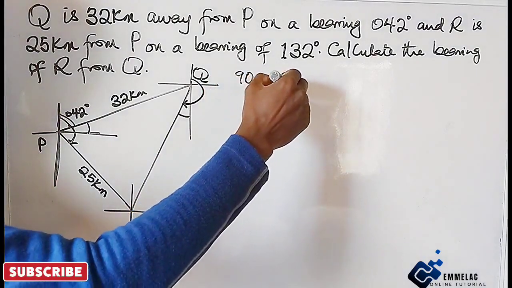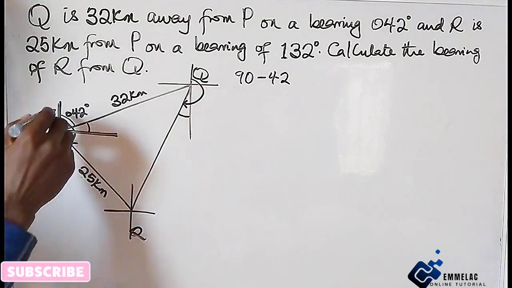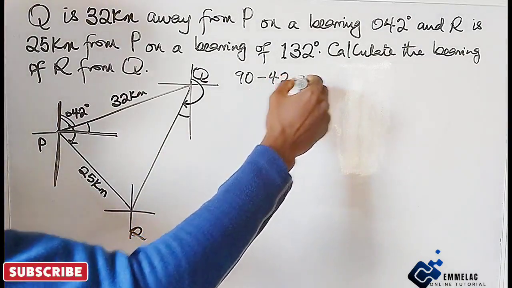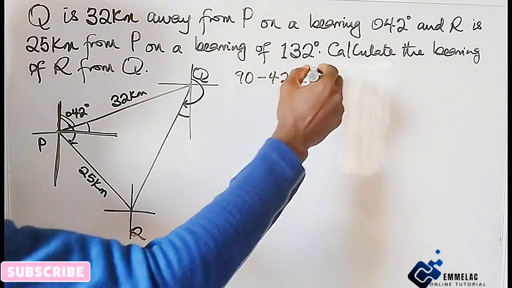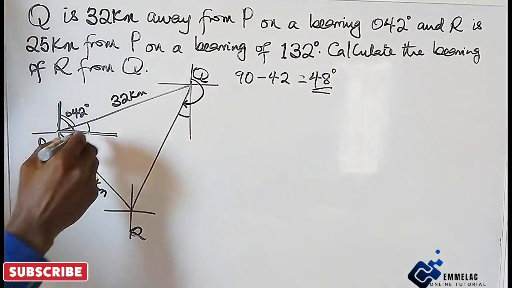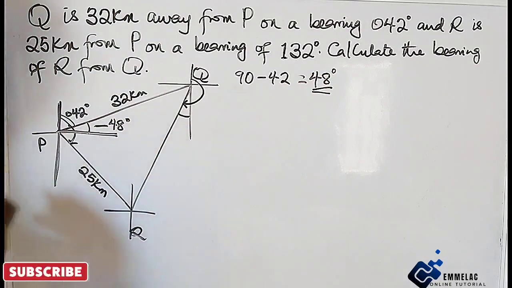90 minus 42. Why? Because this is a right angle triangle. If 42 is taken away from 90, this gives us 48 degrees. So this part here is now 48 degrees.